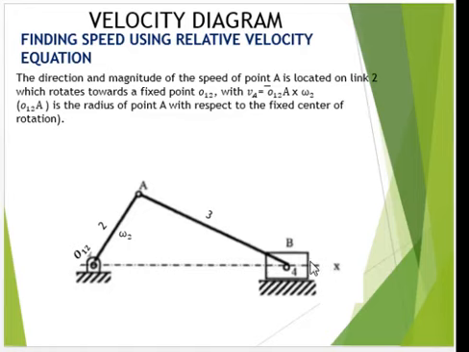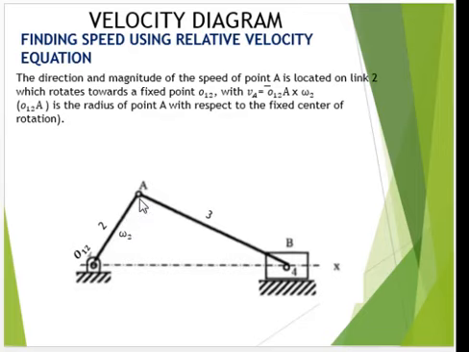We suppose that the angular velocity of link 2 is counterclockwise. This is the direction of omega 2, or angular velocity on link 2. The direction and magnitude of the speed of point A is located on link 2, which rotates around a fixed point, O12.